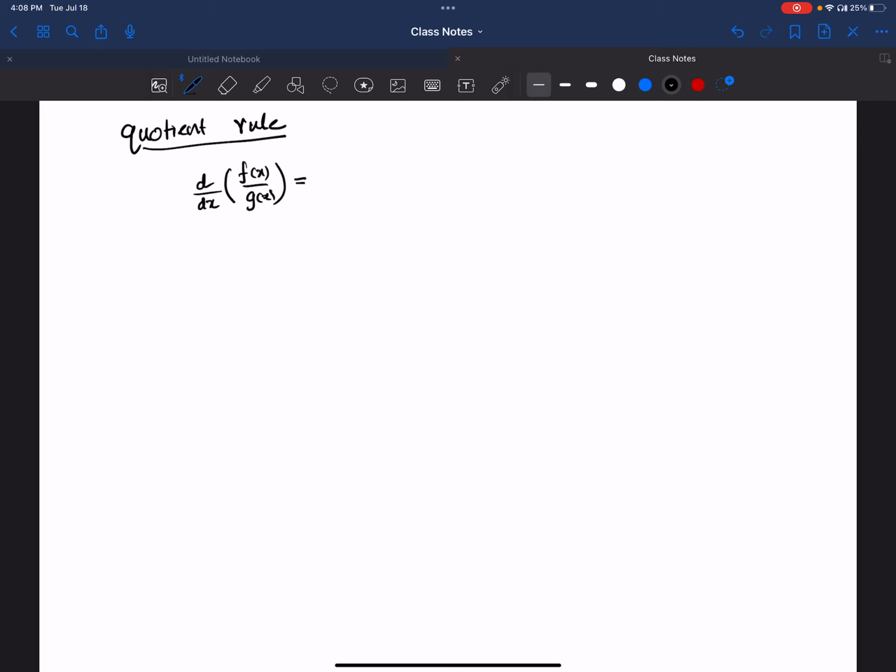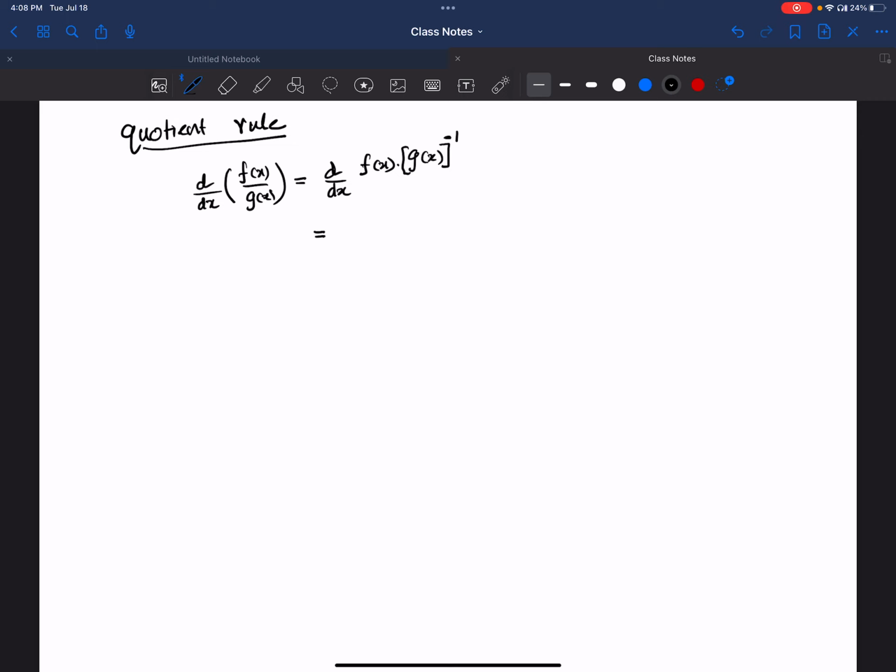I can write this as d over dx of f of x times g of x to the power negative 1. Now I can put the product rule for this one.